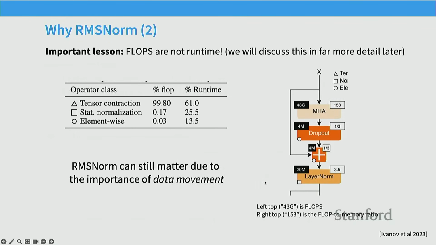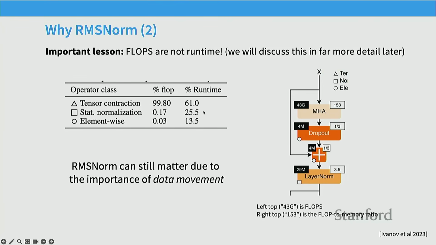But one of the things that's important for architecture design now is to not just think about flops, because flops are important, but that's not the only resource you have to think about. You also have to think carefully about memory movement. So even though tensor contractions, things like matrix multiplies, are 99.8% of the flops, operations like the softmax or layer norms, all these normalization operations in a transformer, are 0.17% of the flops but actually 25% of the runtime.